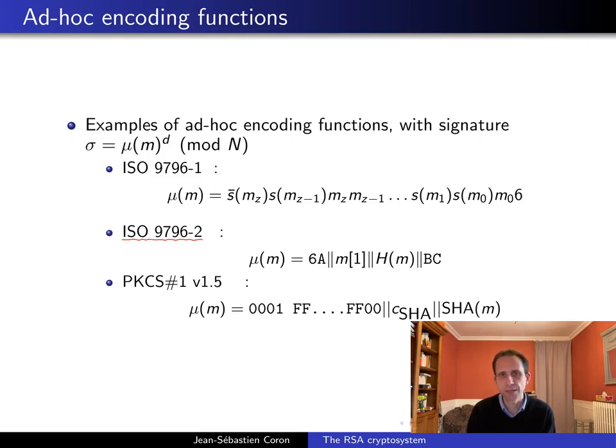So again, this means that when we verify the signature, we recover some part of the message, this m1. And there is also the PKCS1 version 1.5 standard, in which mu of m is also full size. And so it starts with a constant, then some constant specific to the hash function being used. So for example, SHA-1, and the hash function is the SHA-1 hash function, which has 160 bits.